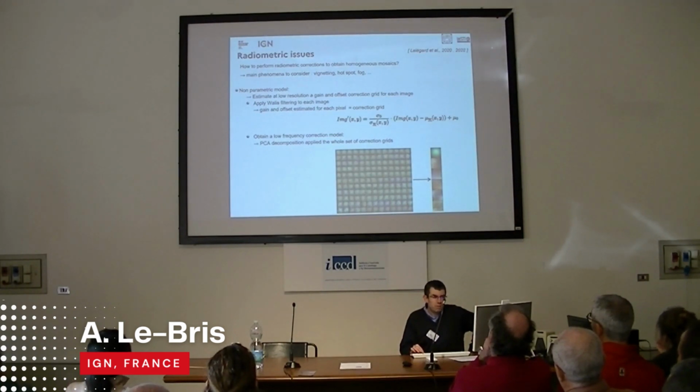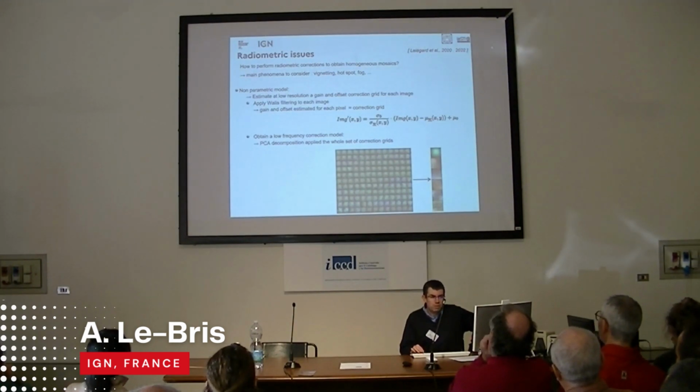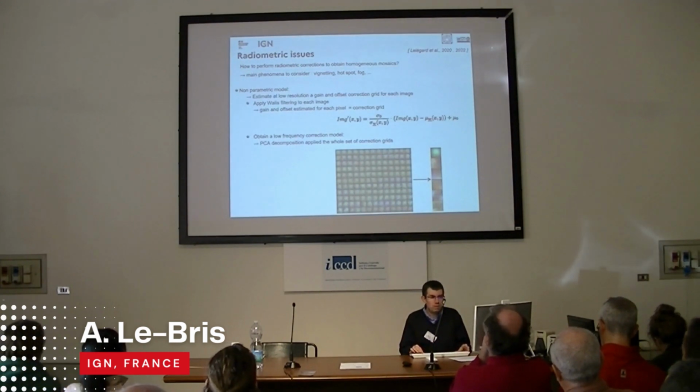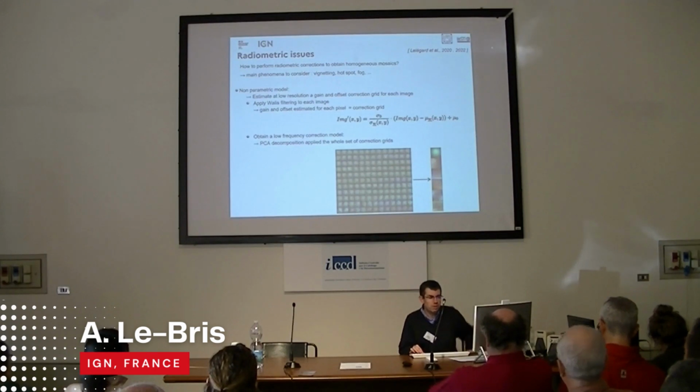It makes it possible to calculate a gain and offset correction for each pixel, that is to say, it is converted to a correction grid. And then, these correction grids calculated for each pixel are smoothed using a PCA decomposition and keeping only the first principal components of this decomposition.